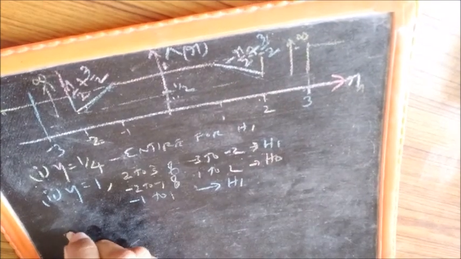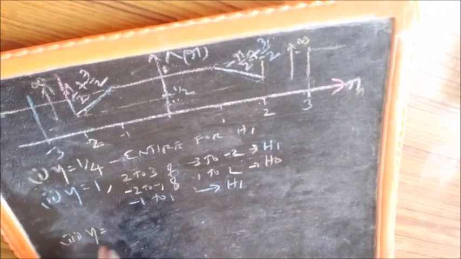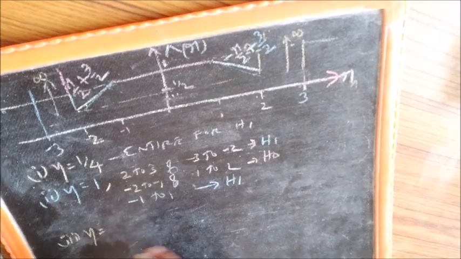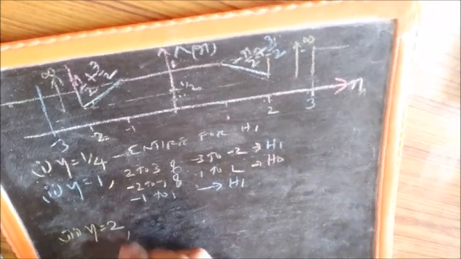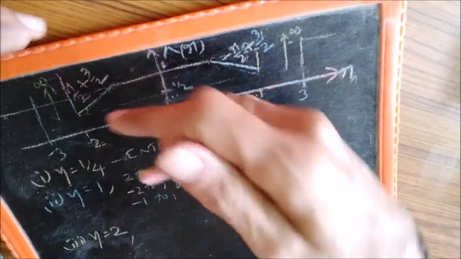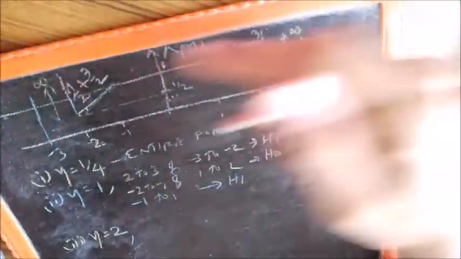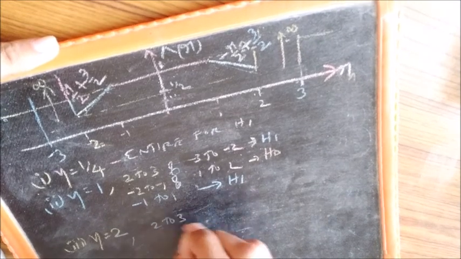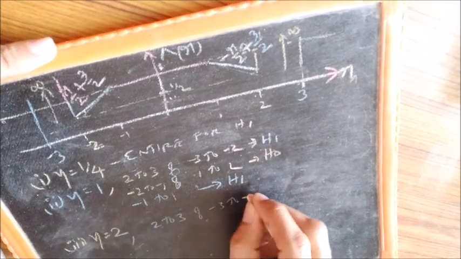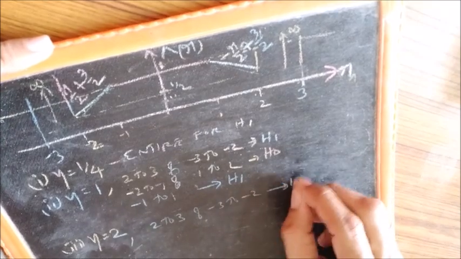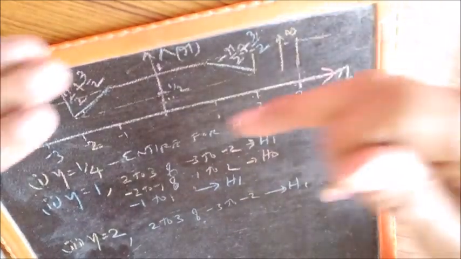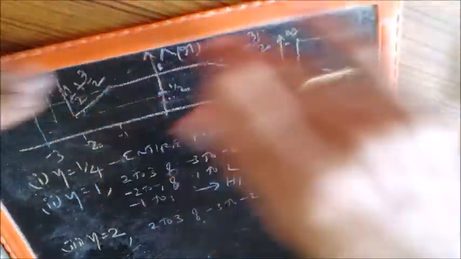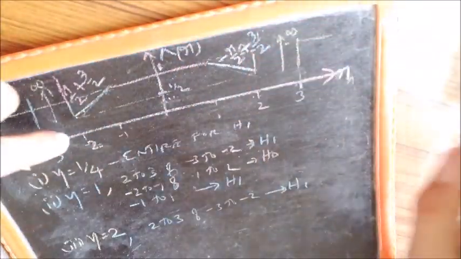Now the third value of eta is 2, sorry. This is quite easy. So when you set the eta as 2, it is in such a way that only from 2 to 3 and minus 3 to minus 2 you have to declare H1, because when eta is 2, the likelihood ratio capital lambda is more than that only in this range.